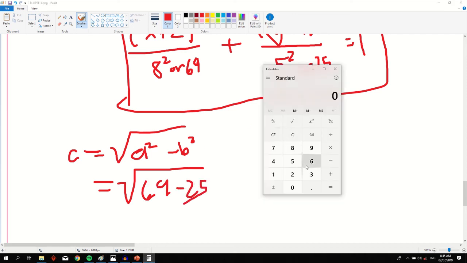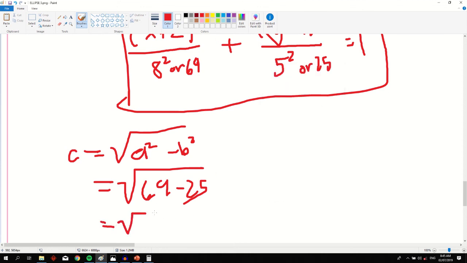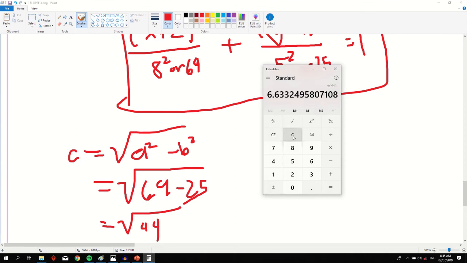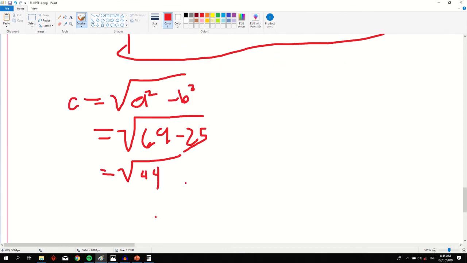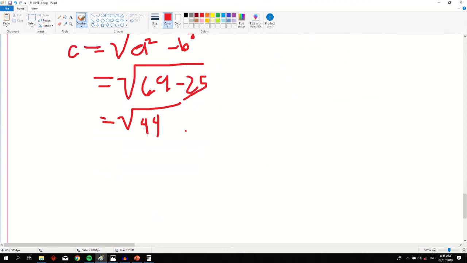Okay, 69 minus 25. We square root that. Okay, this is the square root of 44. Is that correct? We again minus 25, 44. Okay, square root of 44.